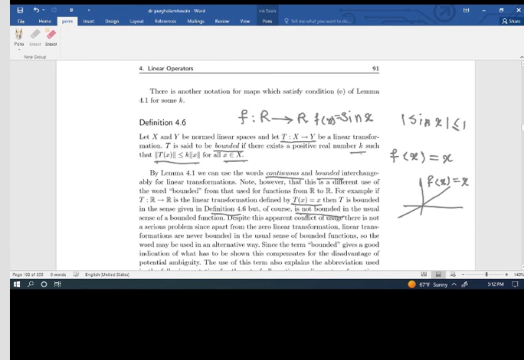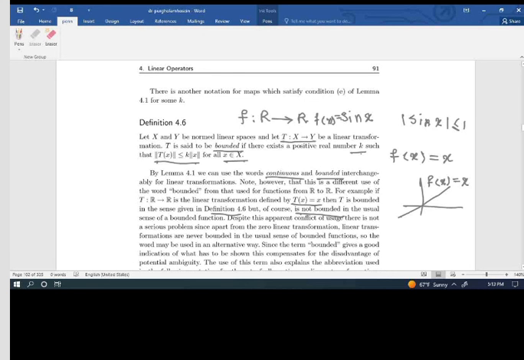So being bounded for a linear transformation is different from being bounded for such a function. Here, f of x equals x as a real function is not bounded, but as a linear transformation, it is bounded.